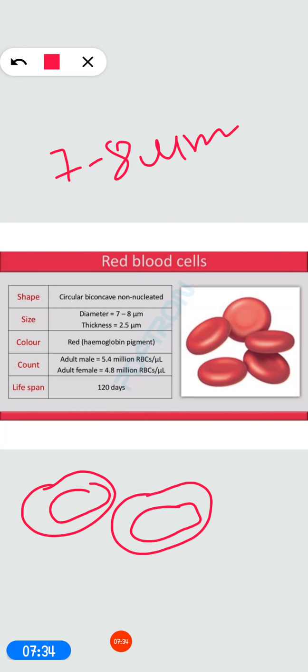The count is 5.4 million RBC per microliter in adult males and 4.8 million RBC per microliter in adult females, and the life span is 120 days. After 120 days it is destroyed and new RBCs are made.